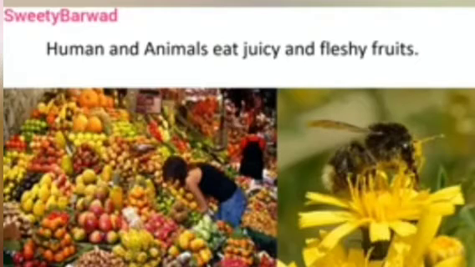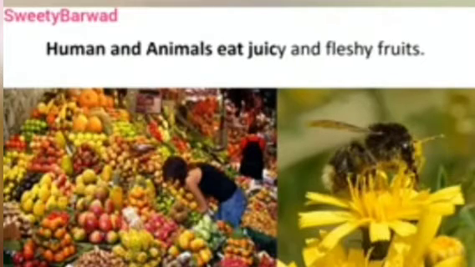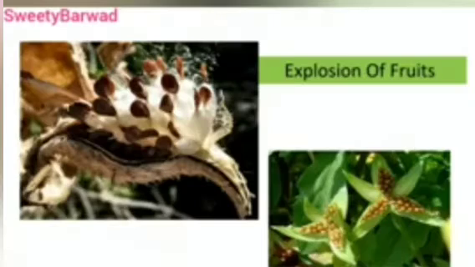Some seeds are eaten by birds and animals. These seeds are coated so that they do not get destroyed. So, when birds and animals swallow them, they come out unharmed in their waste material. Thus, seeds are dispersed to other places. In this way, seeds are dispersed by animals also.